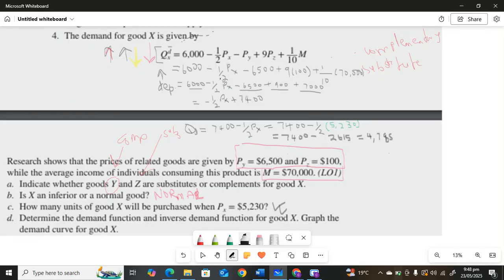Eventually you reach the part that tells you how many units of X will be purchased, and you would have to know that your demand function has been simplified by this part.